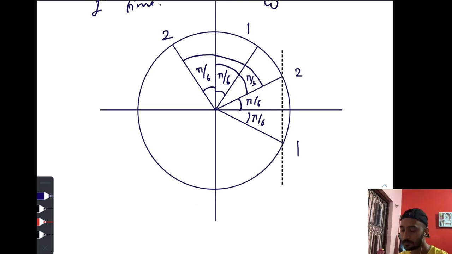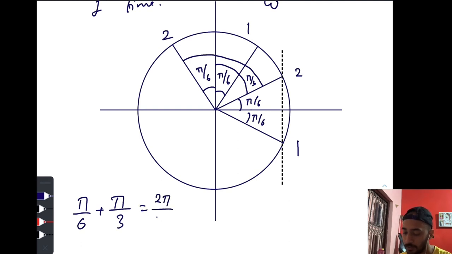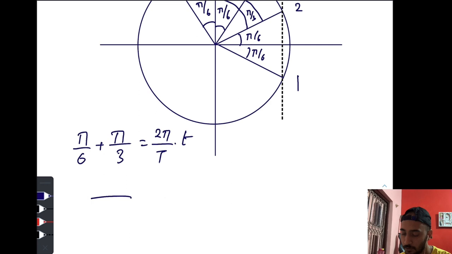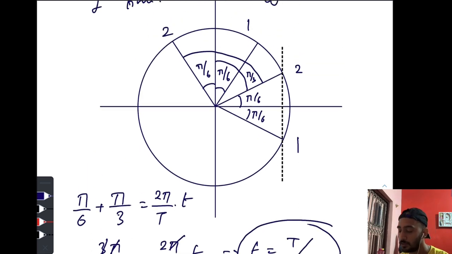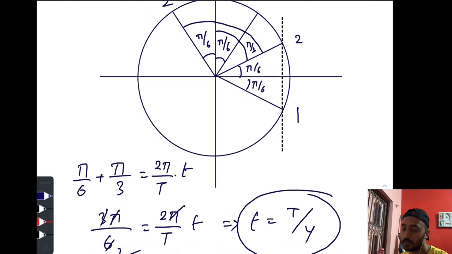So the angular displacement of the second radial vector, and it would be the same for the first one also, is pi by 6 plus pi by 3 equals 2 pi by T times t. So this is 6, 1 plus 2, 3 pi equals 2 pi by T, so t equals T by 4. So after a time T by 4, both the particles will collide with each other.